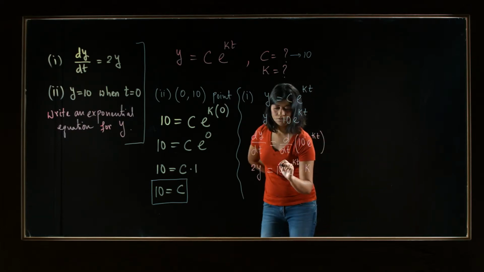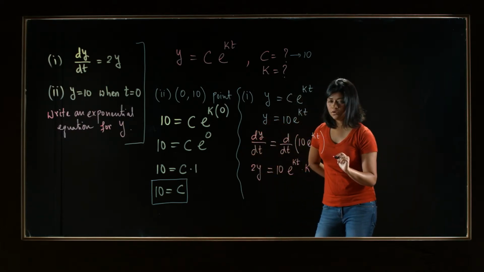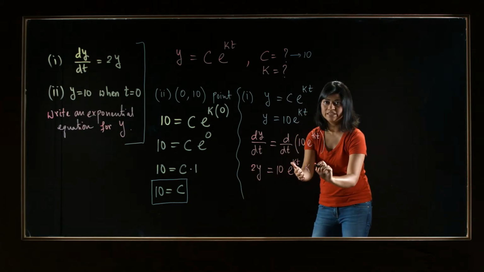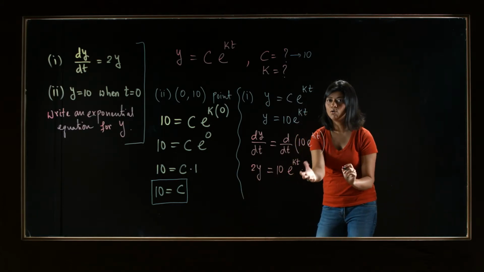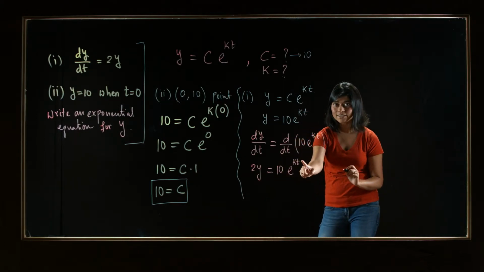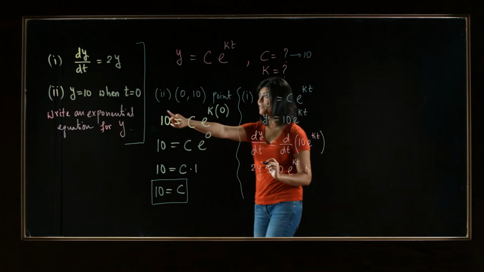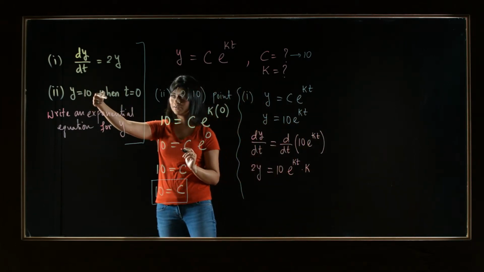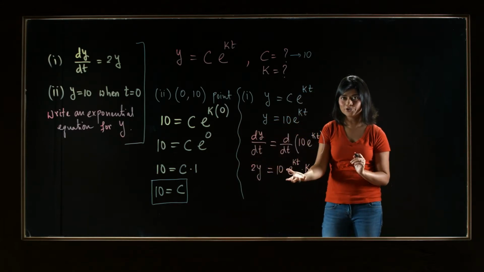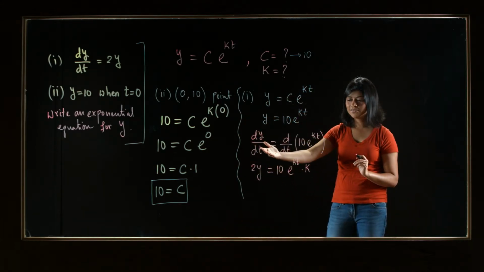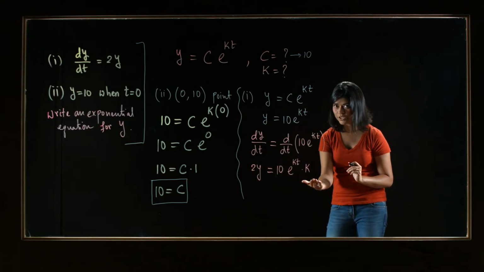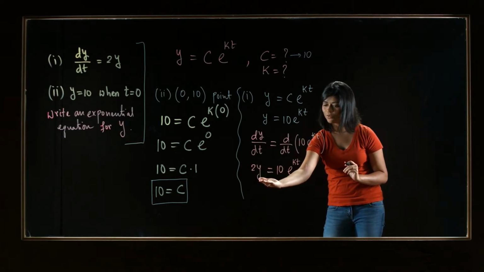Now, notice right away, this is not an equation just in k. So k is not the only variable. We also have y, and we also have t. But we know from fact 2 that y is 10 when t is 0. So that point is going to be on the graph. So again, we can use that fact in this equation, and then we can get rid of y and t.